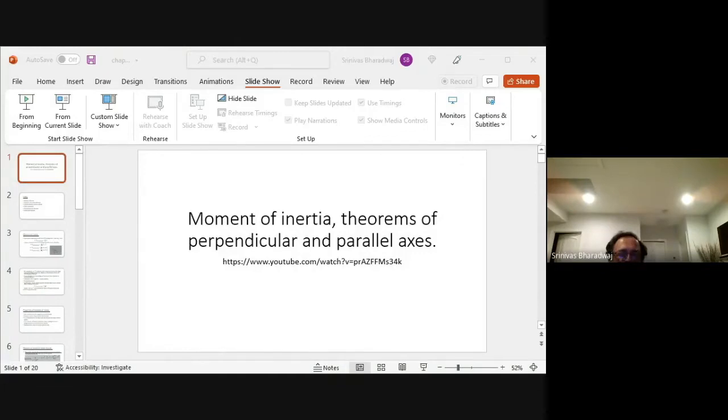It depends on mass, shape, and size, all three. It is a characteristic of the rigid body and the axis about which it rotates, so you'll have different moments of inertia based on the axis about which you calculate it.